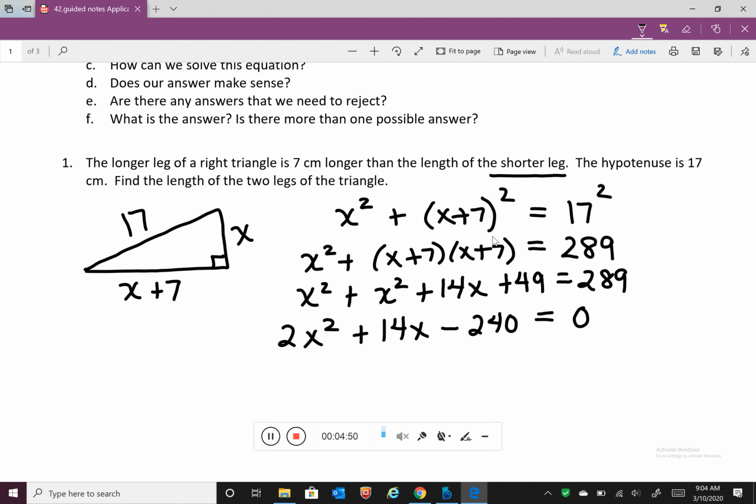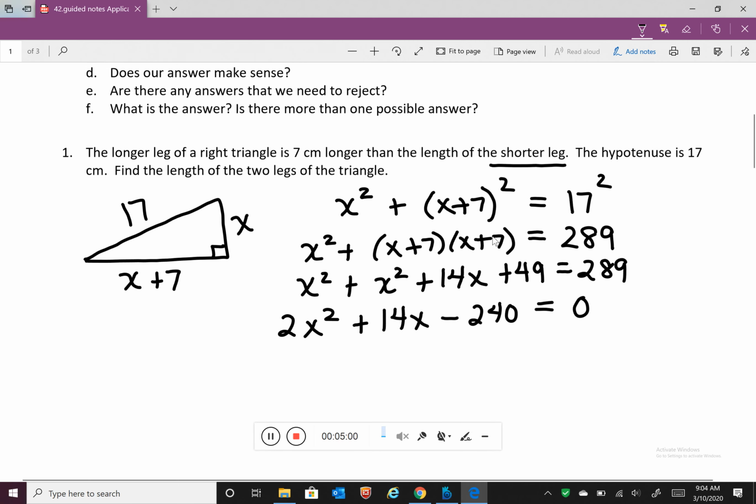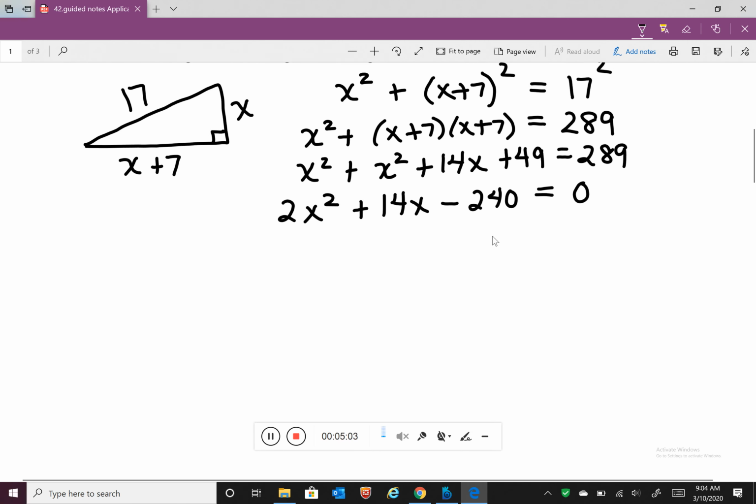You do want to take time and notice that 2x squared plus 14x minus 240, everything is even, so we can factor out a 2. And by factoring out a 2, this leaves us with x squared plus 7x minus 60 equals 0.